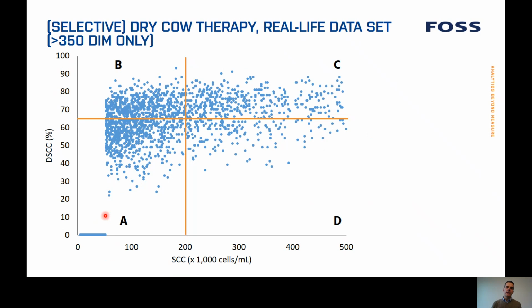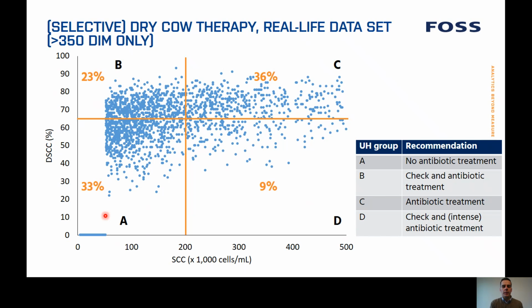Here we looked at a random data set, and checked in what udder health group cows fall when they are around 350 days in milk or more, because that would be the time when they are dried off. And here we found that one third of the population falls in udder health group A, 23% in udder health group B, 36% in C, and 9% in D.